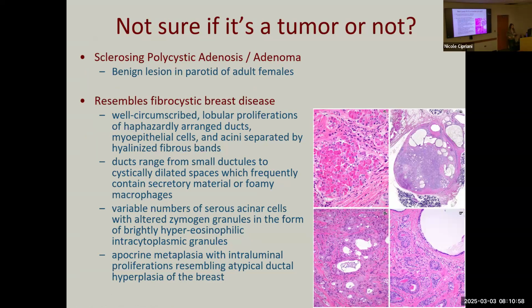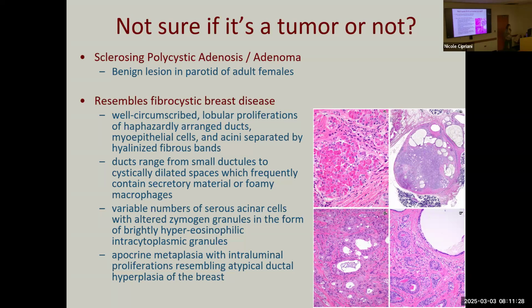All right, moving into are they tumors, are they not tumors? There's an entity called sclerosing polycystic adenosis, which is now being changed to sclerosing polycystic adenoma. This is a very rare lesion that almost resembles a robust, very prominent fibrocystic lesion of breast, where you have tumor nodules of either very cystic areas or very solid areas composed of acinar units.